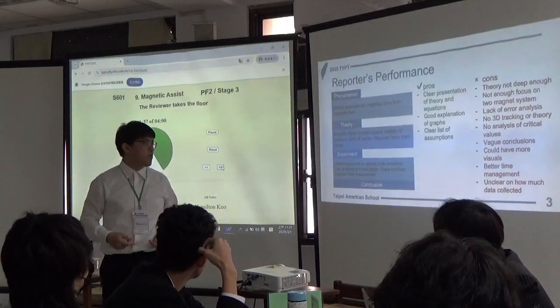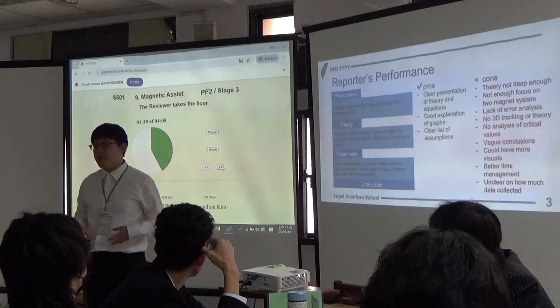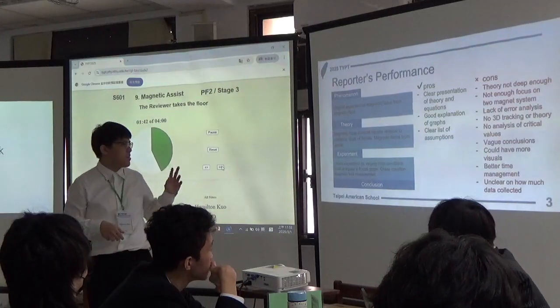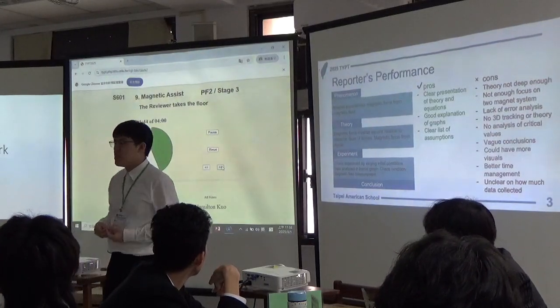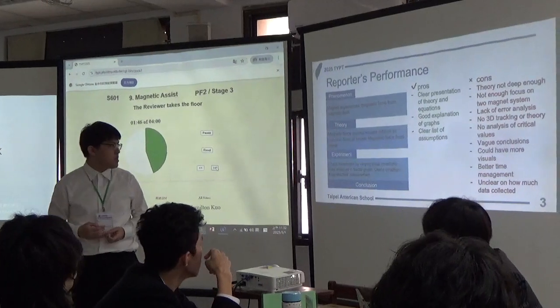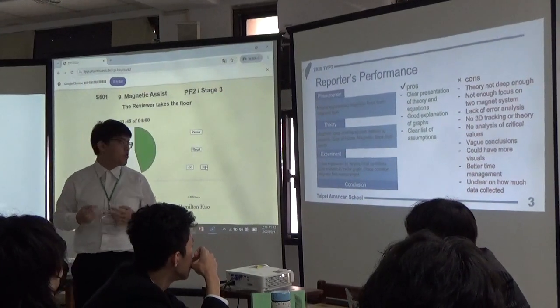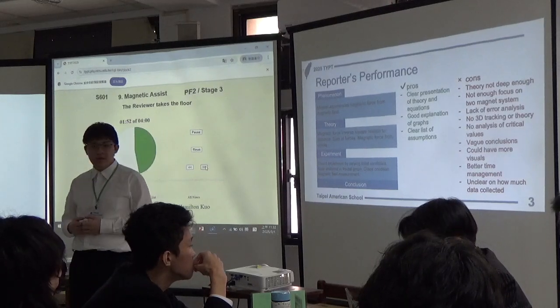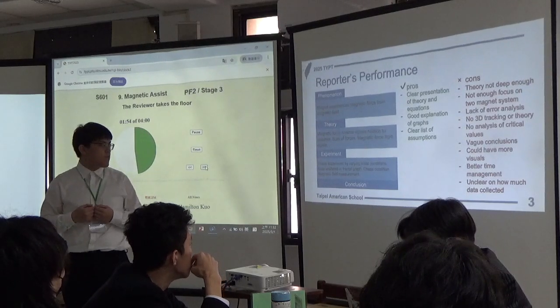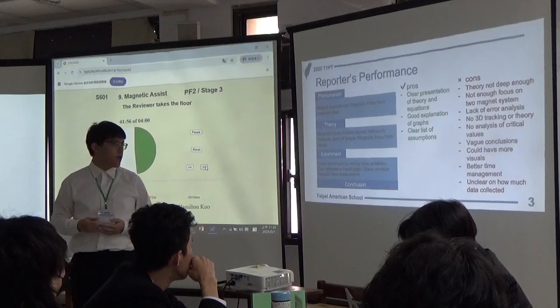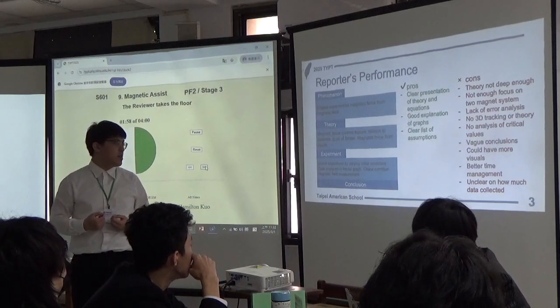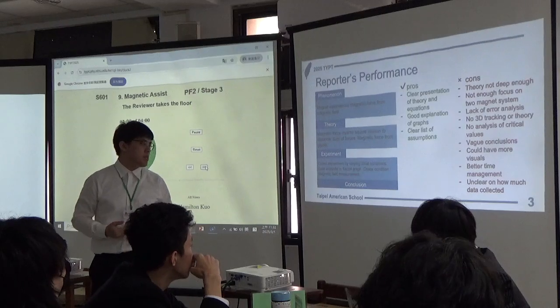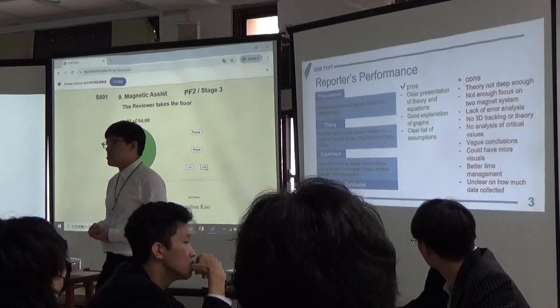They did provide 3D tracking, but they did not provide the theory to account for that. They did not really give analysis for critical values, which is again important for analyzing chaotic systems. Their conclusions were quite vague, and they could have added a bit more visuals, had better time management, and been a bit more clear on how much data they collected.